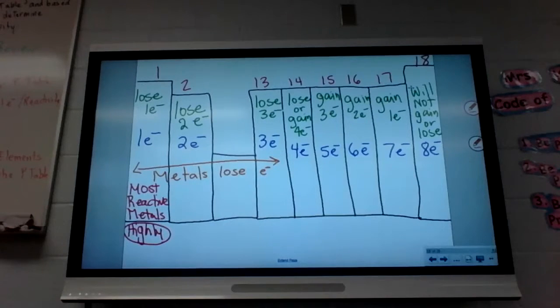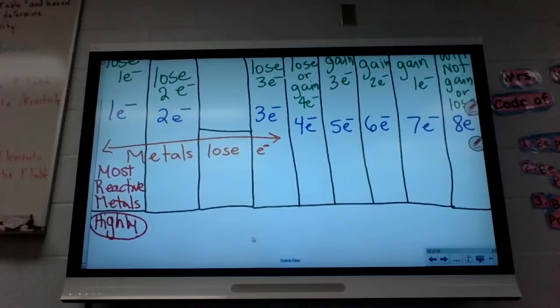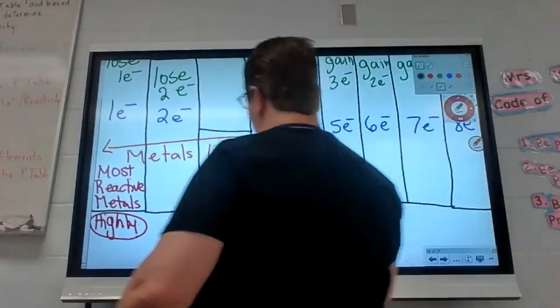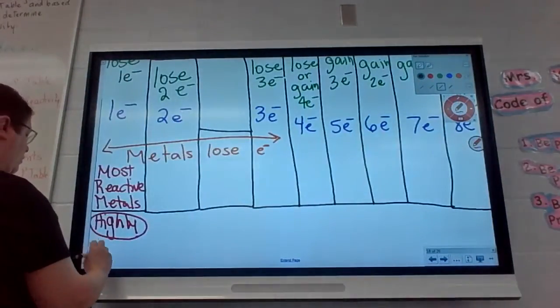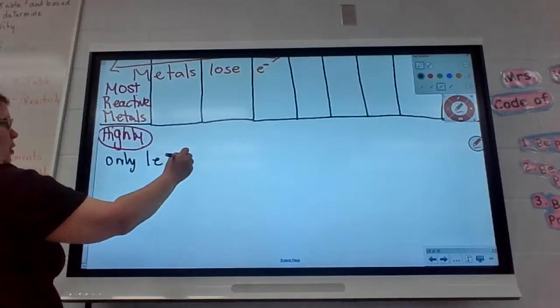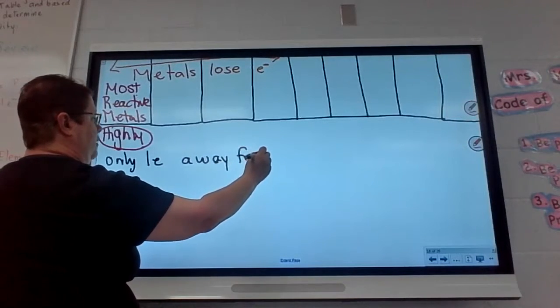Now, why are they so reactive? Because. Yeah, hold on. I changed the size and make it a little better. All right, why are those so reactive? Any ideas? These are only 1 electron away from 8.